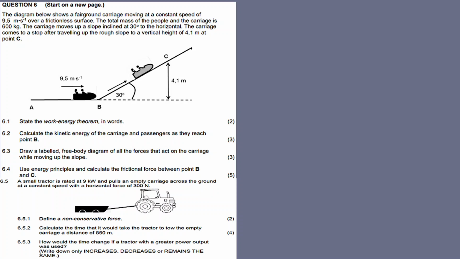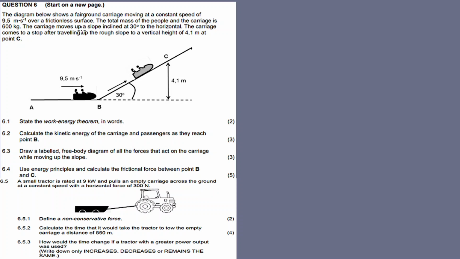Now, I see this question again. The diagram below shows a fairground carriage moving at a constant speed of 9.5 meters per second over a frictionless surface. A to B is frictionless, and the total mass of the people and the carriage is 600 kilograms.